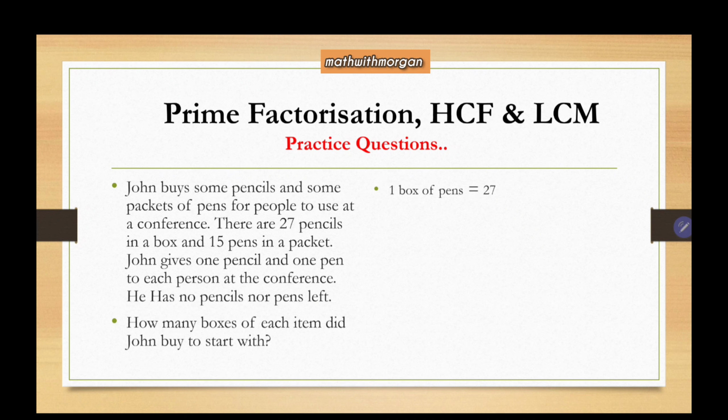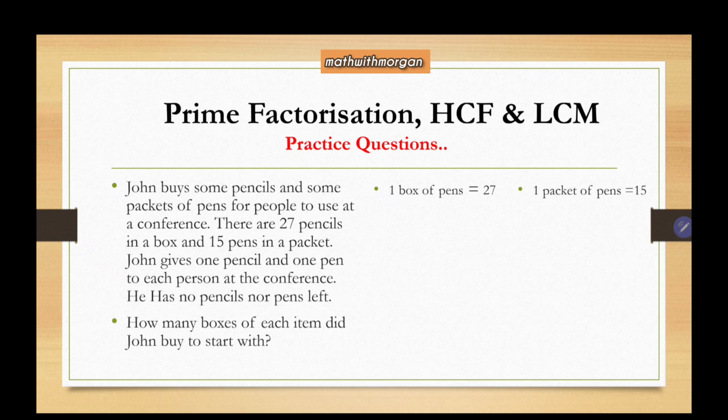Okay, so there are 27 pencils in 1 box, and there's 15 pens in 1 packet. If he is sharing each person 1 pen and 1 pencil, it means he's possibly getting a multiple of 27 and a multiple of 15 in such a way that by the time he's done sharing them, they will all have equal amount of pencils and pens.